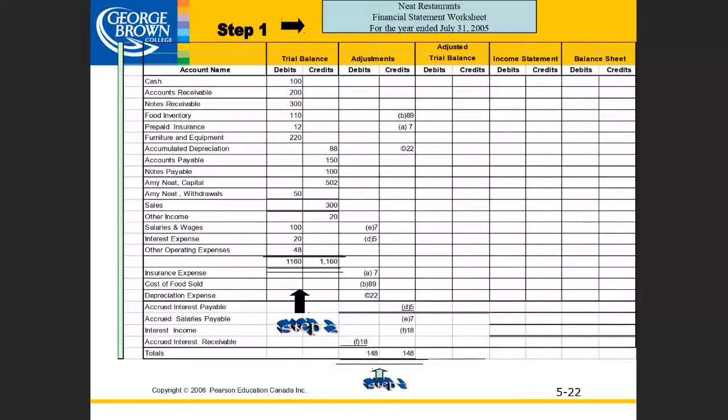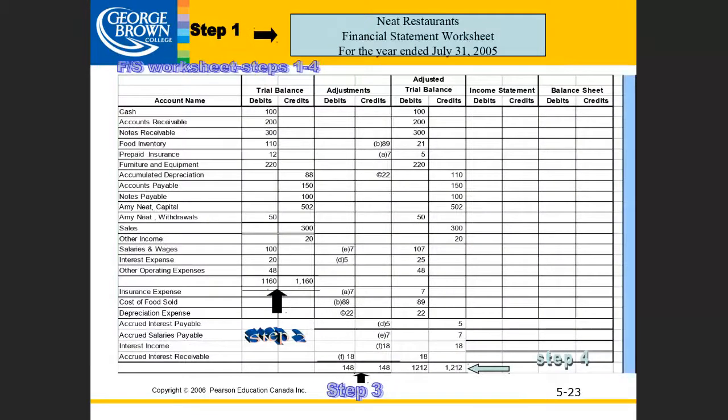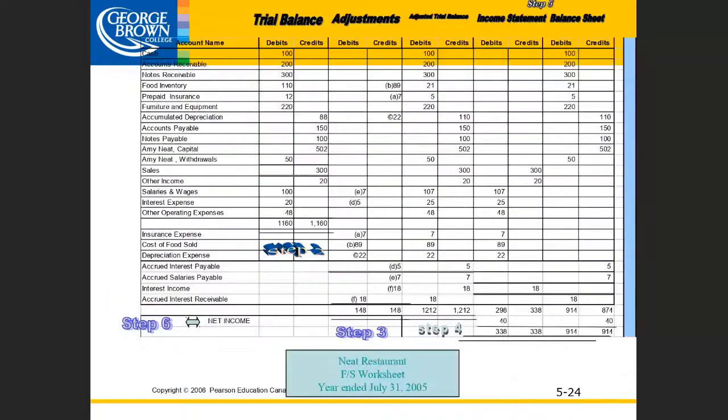Continuing here, I just want to show you a filled out version. Here's what a filled out version will typically look like. You have your first trial balance here. You have the individual adjustments from your adjusting entries. You will then have your adjusted trial balance.